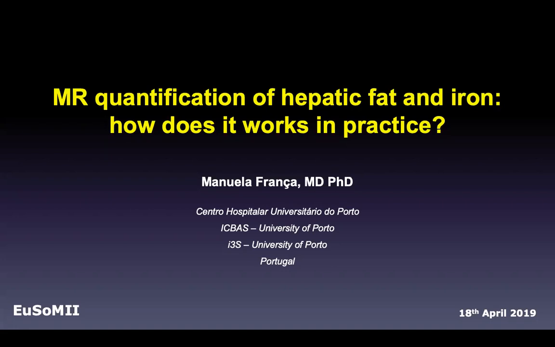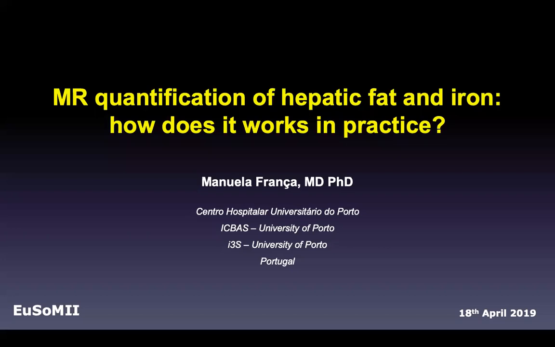With R2-star measurements, the difficult part is knowing how to convert the R2-star measurements into liver iron concentration measurements. And for that, we must be careful, because I showed you how different methods lead to different equations.